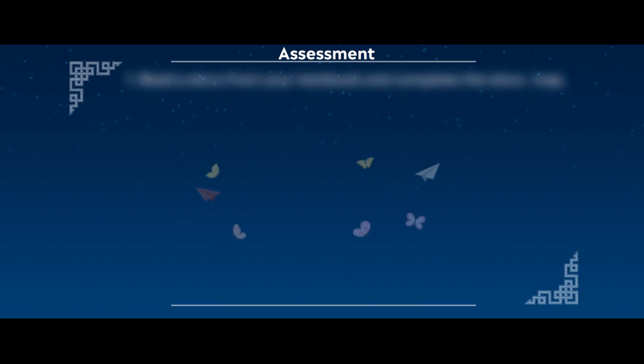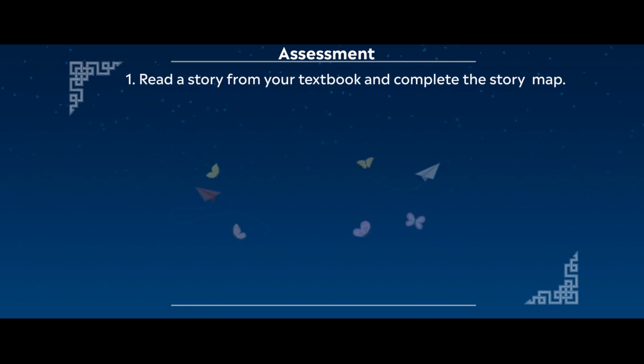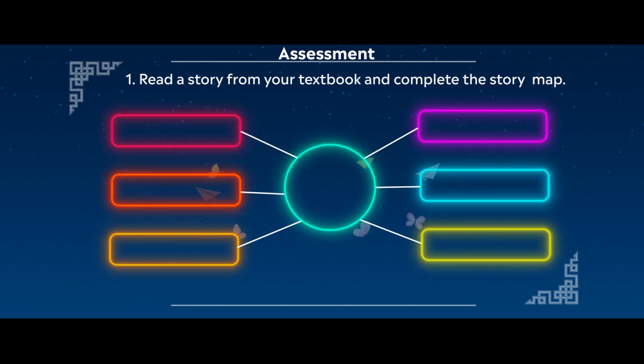Okay, children, now we discussed the elements of short story. I even told you a story. So, based on this story, we have discussed what are the elements of short story. Now, you have a home task. Read a story from your textbook and complete the story map given below.